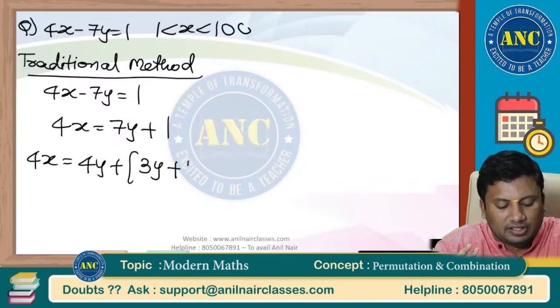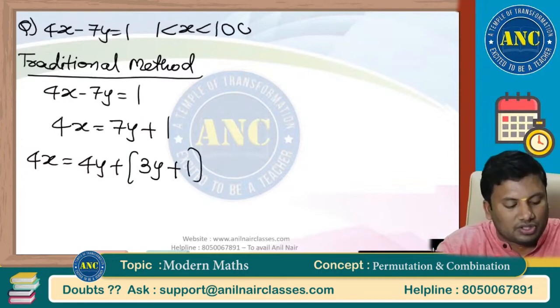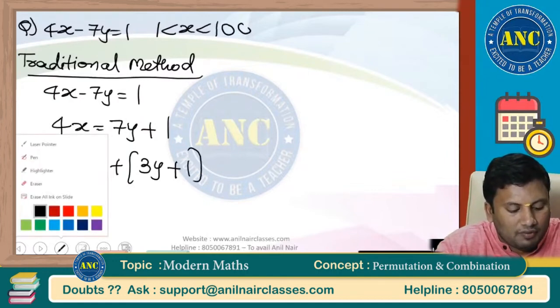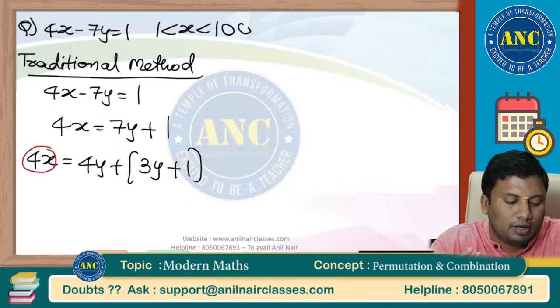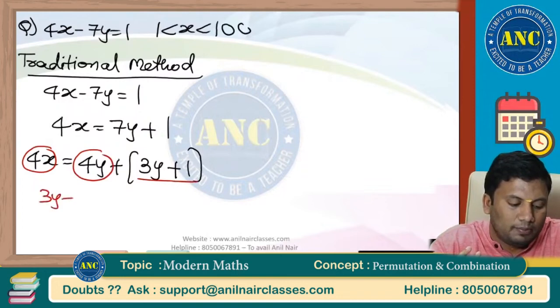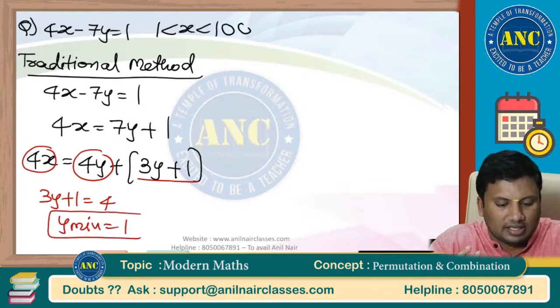Listen carefully, 3 questions I will solve of this model. 4x equals 4y plus 3y plus 1. The 4y is divisible by 4, so 3y plus 1 should be divisible by 4. The minimum value of y is 1.